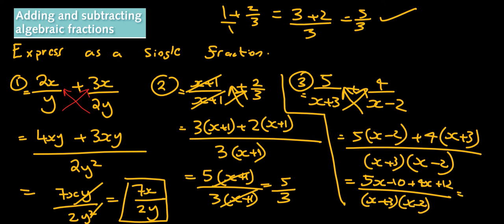And we are left with 9x minus 2 over (x plus 3)(x minus 2). Okay, so hopefully that is clearer.